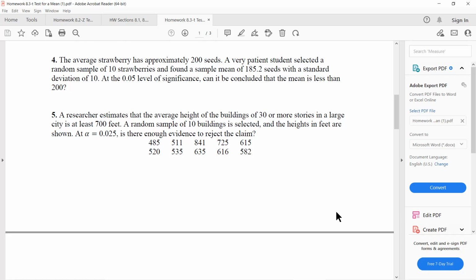A sample standard deviation of 10. Can it be concluded at the 0.05 level, alpha is 0.05, that the mean is less than 200?